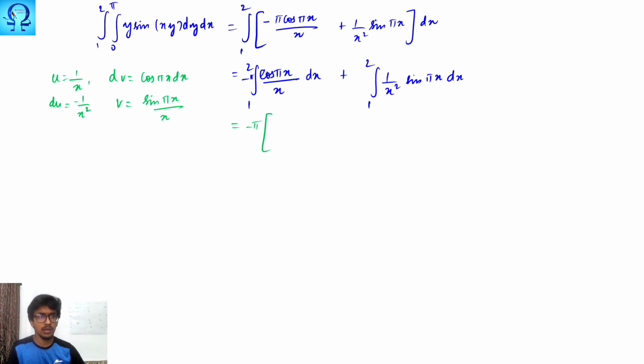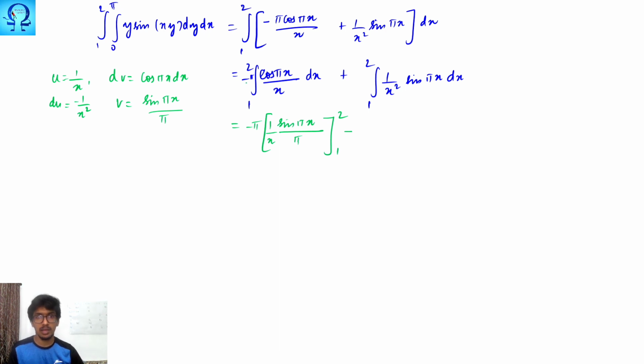Here we are integrating with respect to x only, right? So we have minus pi, then uv, that is sin pi x upon pi times 1 upon x, over the limit, and then minus.